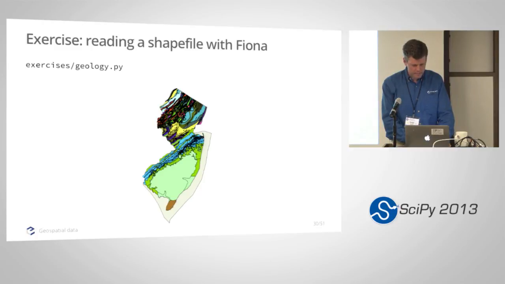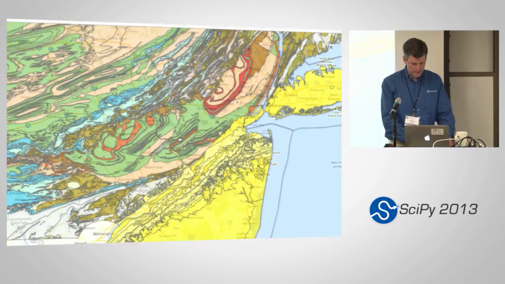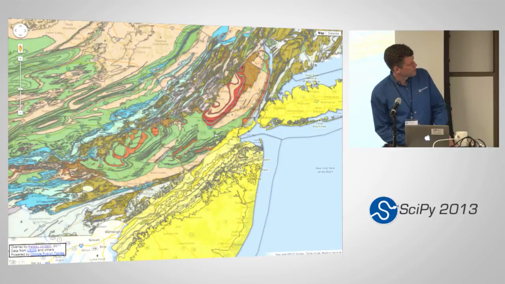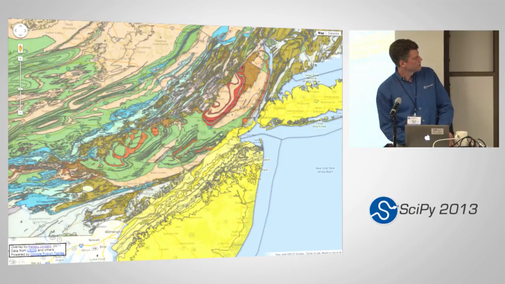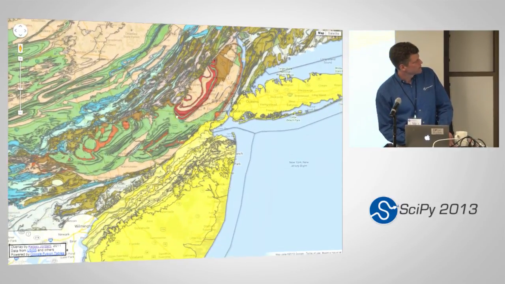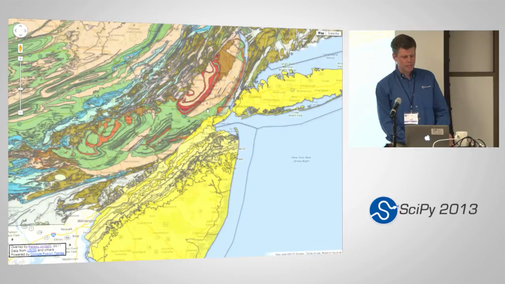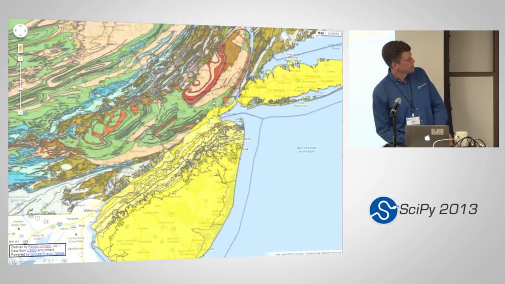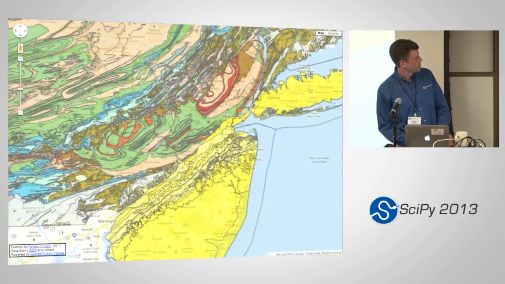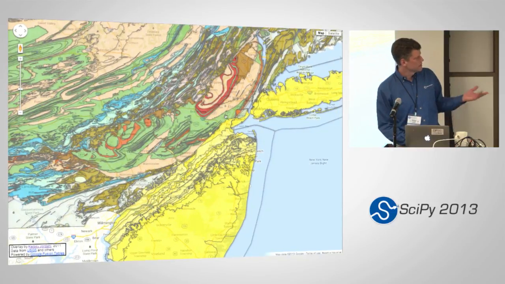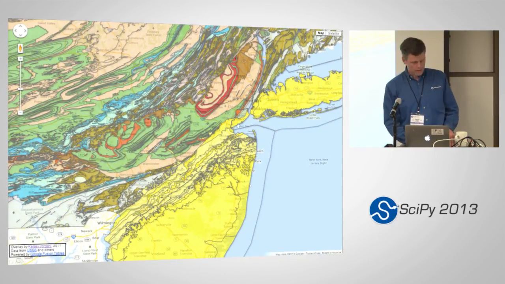Here we go. So this is a version where I've included neighboring states, and this is overlaid on a Google map. So this is the same data, but now has gone through some processing steps with PostGIS and is loaded into Google Fusion Tables, and we're seeing it on a web map. So these colors are now consistent, so you can see the same rock types and so on.